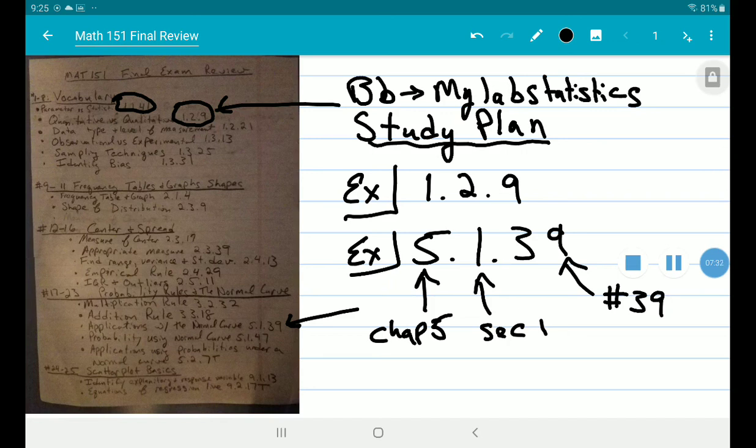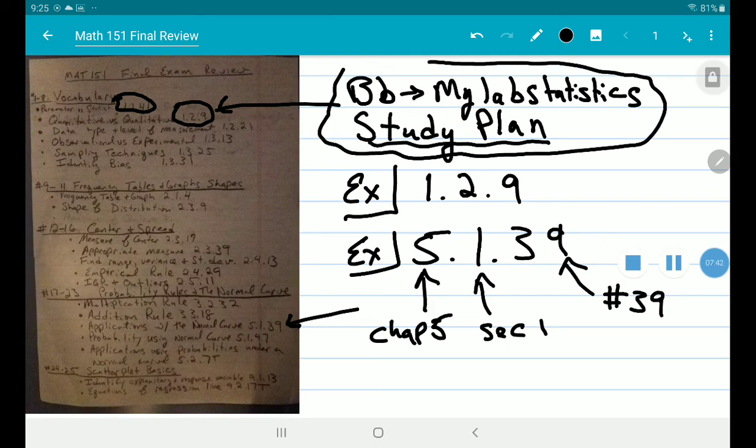And probably more importantly, alongside those topics, you have this numbering system, and that numbering system is to be used in the MyLab Statistics study plan. Once you're in the study plan, you can go to the chapter, section, and then problem number.